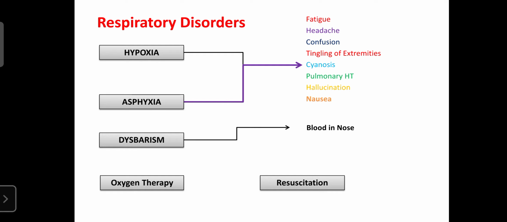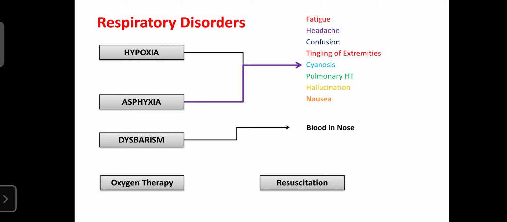For example, when you are diving in the sea, just below 3000 feet, this condition occurs because the environment below the sea has a drop in atmospheric pressure compared to the normal atmospheric pressure, which is 760.